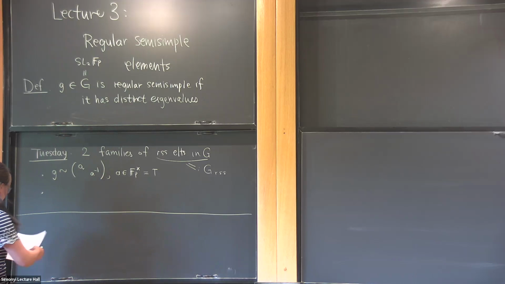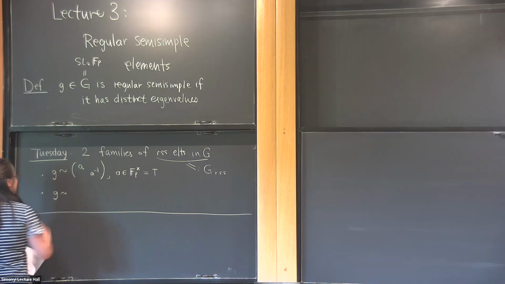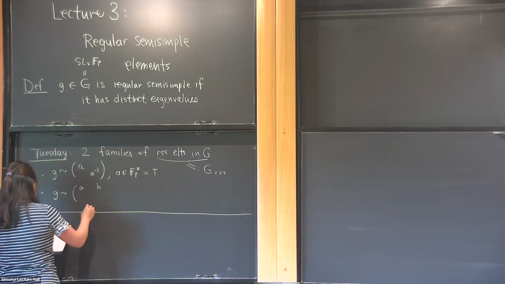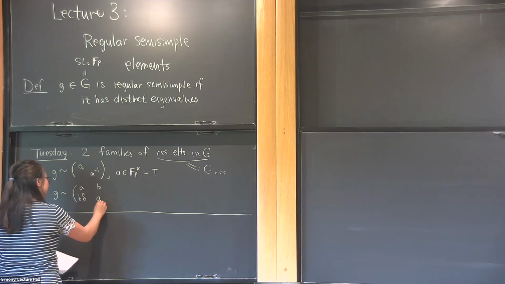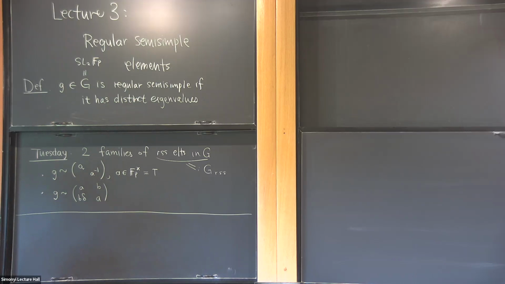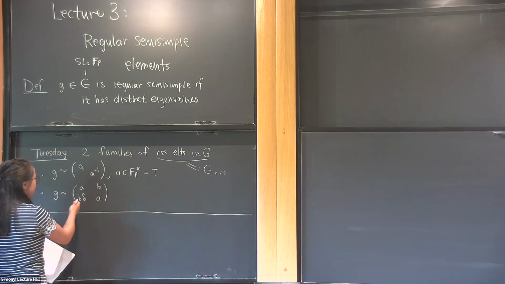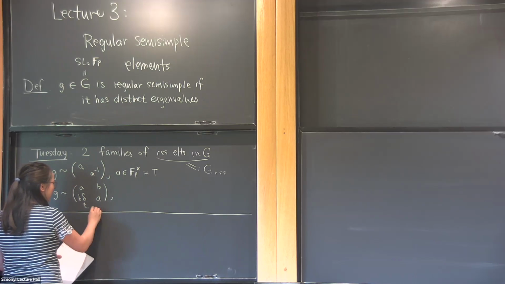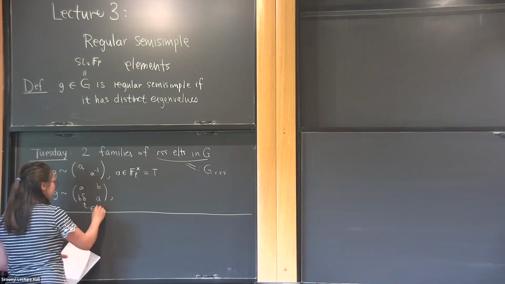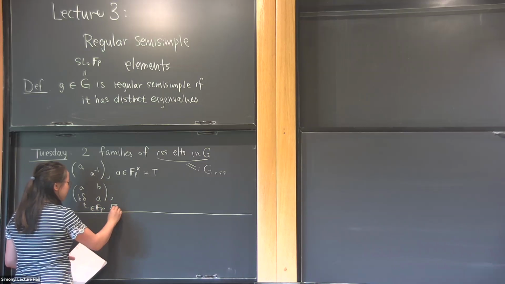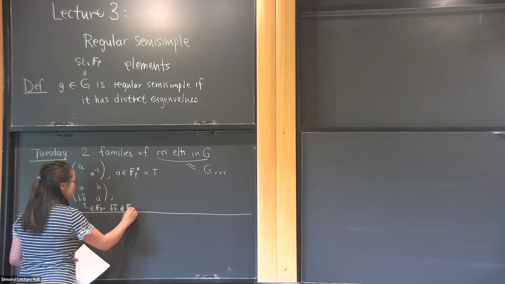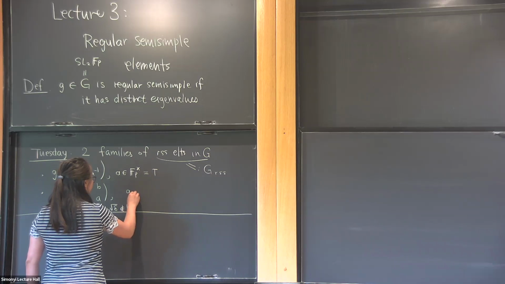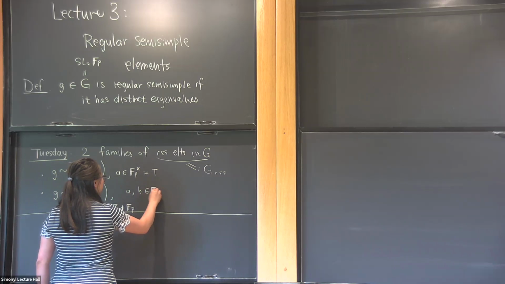So what will they look like? This was on the additional problems handed out on Tuesday. The other choice is that it's conjugate to something that looks like (a, b delta; b, a), where recall this delta was an element inside Fp whose square root was not in Fp. And we're allowed to take any a, b inside Fp here.